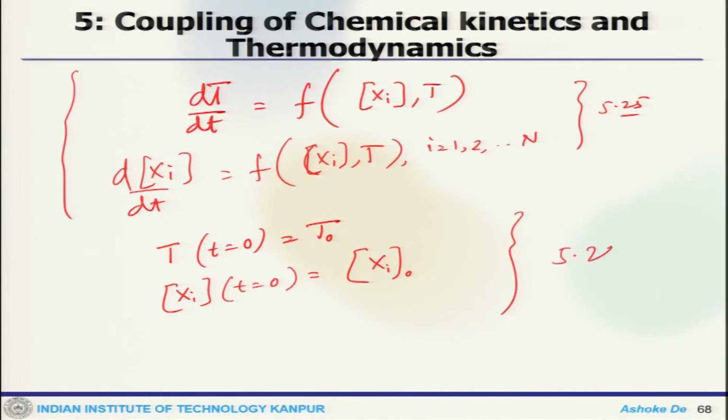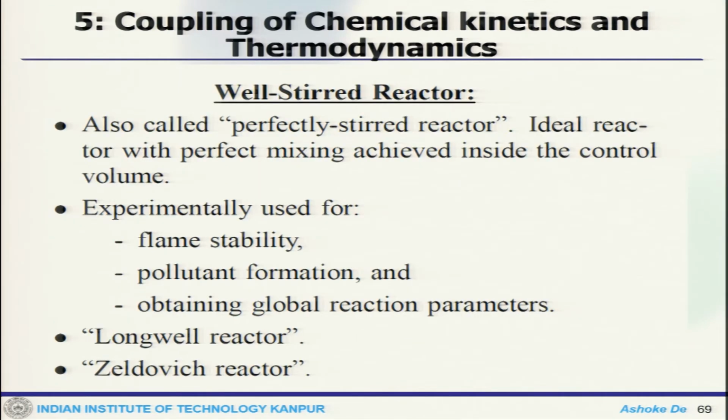So, these are the initial conditions. This set of equations can be solved subject to these initial conditions. Now, that is how you get the solution for the temperature and the concentration in the volume constant reactor. Now, we will go to the well stirred reactor.